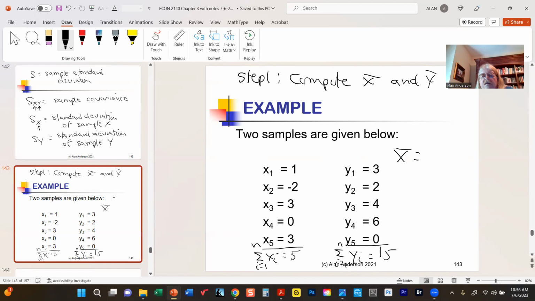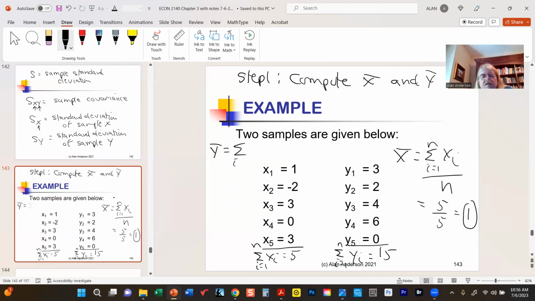So X bar, sum of the X's over N, is therefore 5 over 5, which is just 1. Over here, we'll do Y bar. Three. Okay, so we'll summarize that by saying, noting that X bar is 1 and Y bar is 3.